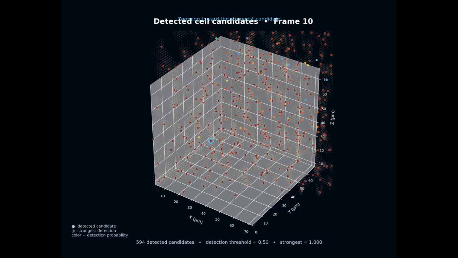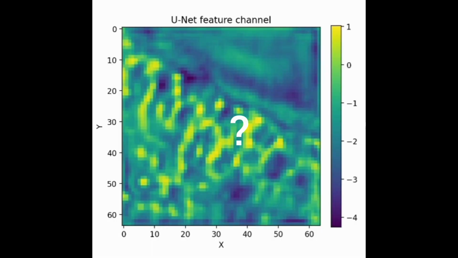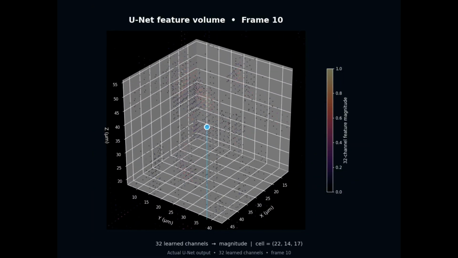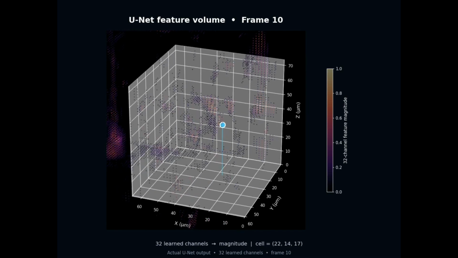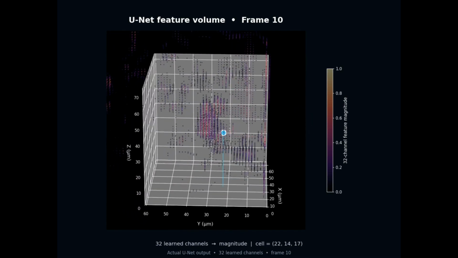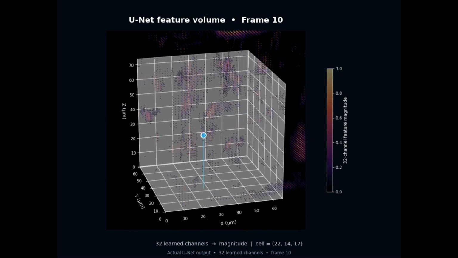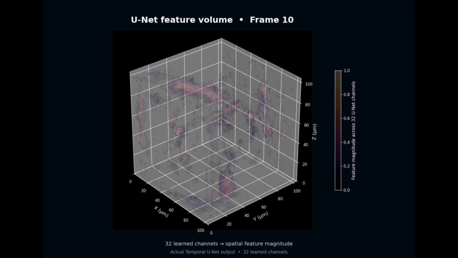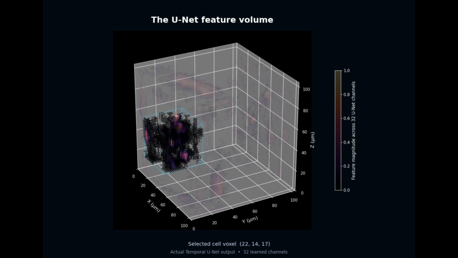What does it reason about? Remember those UNet feature maps? That is what a model thinks a cell is. Those are dense representations, and they are for every point in the video. But we don't need to give the next model every pixel, right? We have identified where the cells are, so we just want to know what's around that cell.